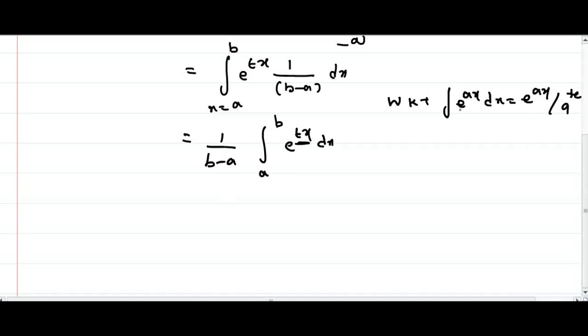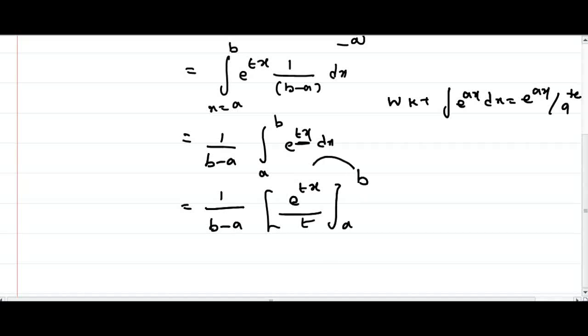Using this formula, we can write 1 by b minus a into e power t x by t, limits from a to b. Next step, substitute x equal to upper limit minus lower limit. So we can write 1 by b minus a into e power bt by t minus, for the lower limit a, e power at by t.